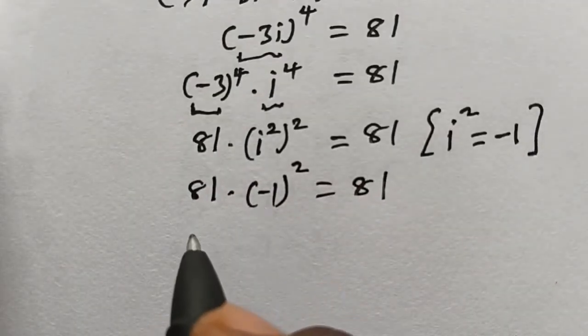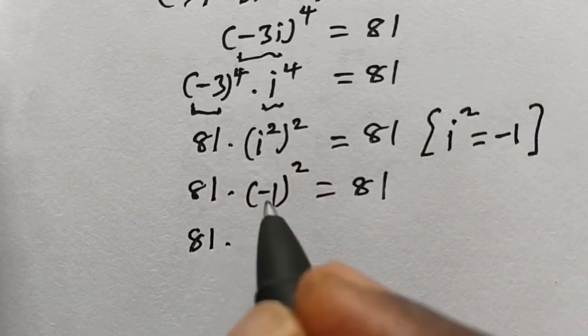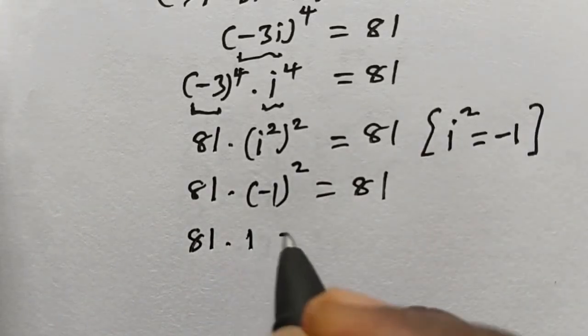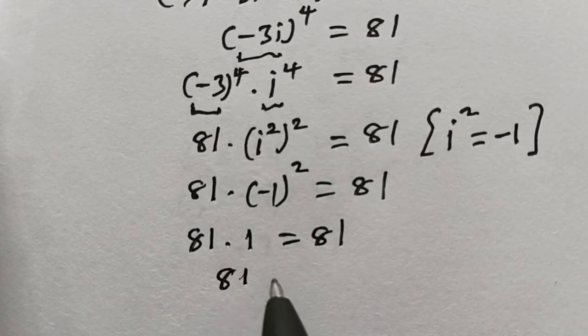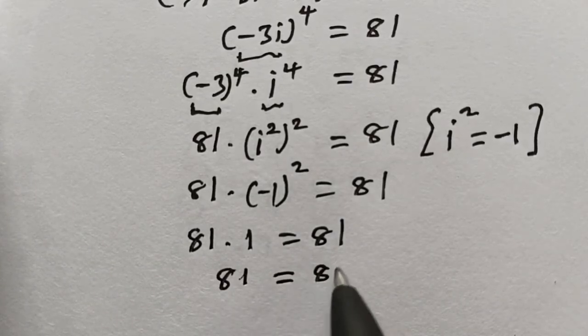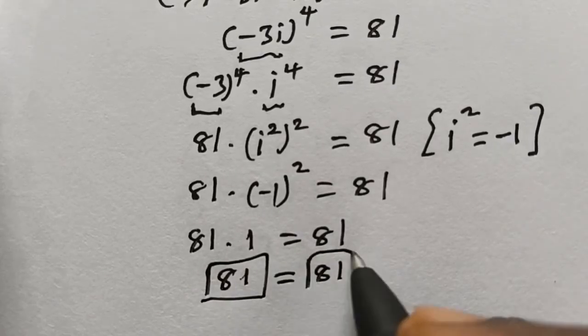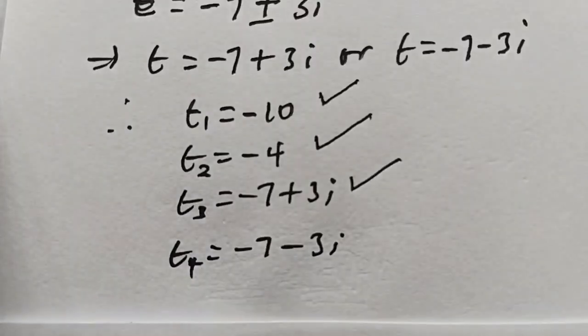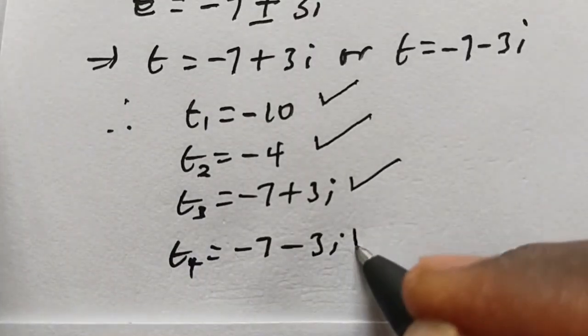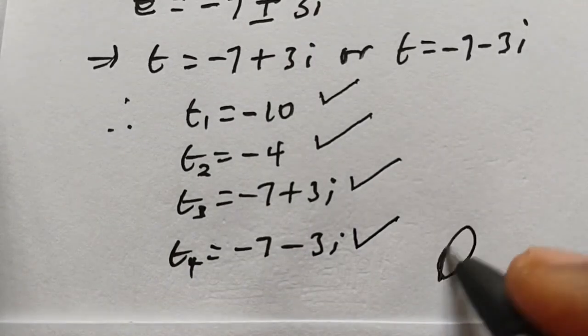Minus 1 all square is simply 1 equal to 81. 81 times 1, we have 81 equal to 81. The left hand side here is also the same thing as the right hand side. That means the fourth answer that we got here is indeed correct. That's it for this video.